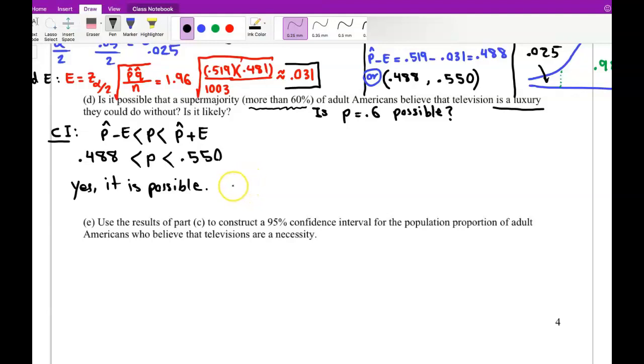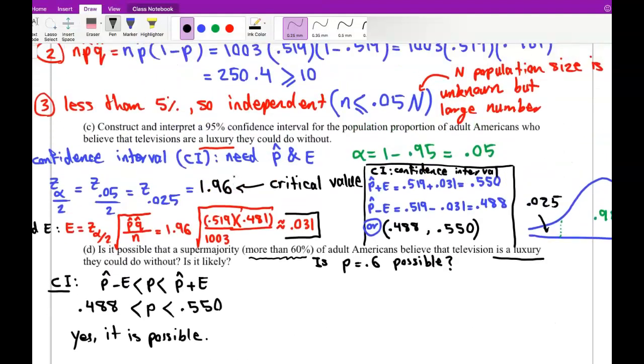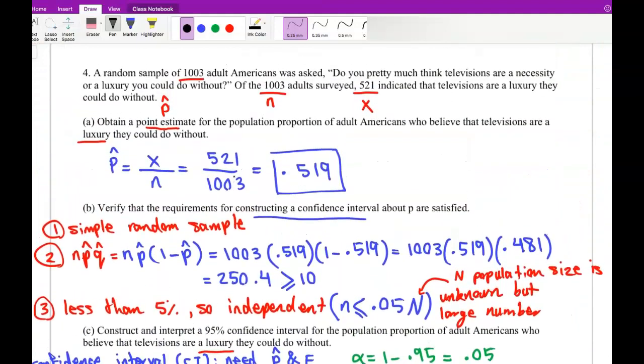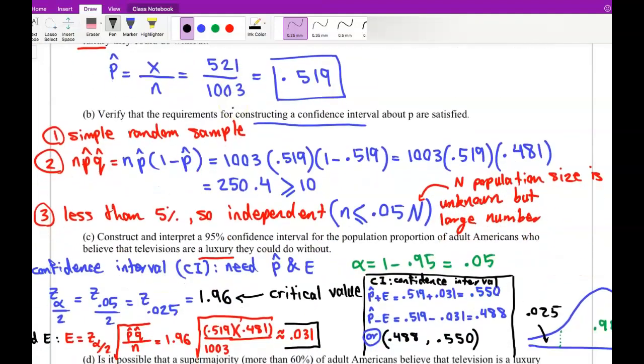So that is possible because we are close to 100% confidence. See, on top, here, part C, I have 95% confidence interval for the population proportion.